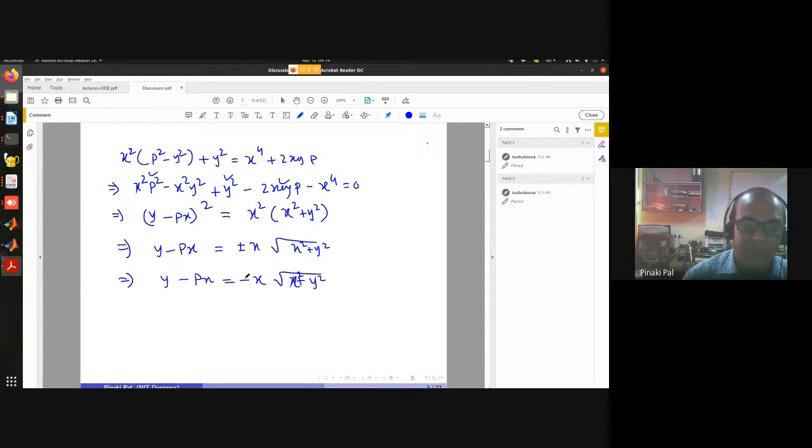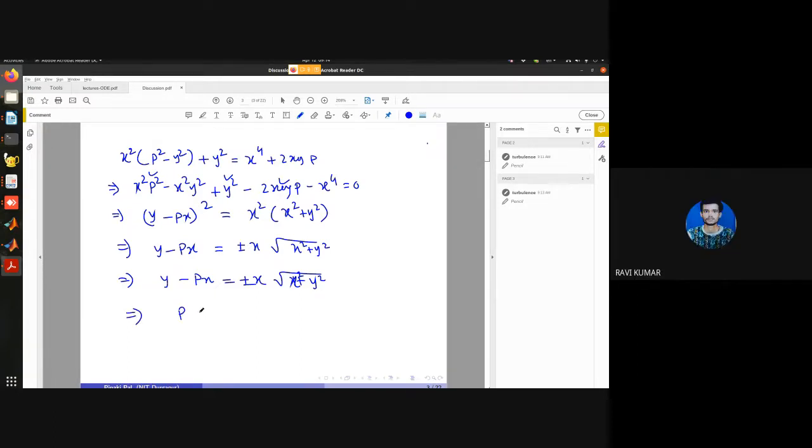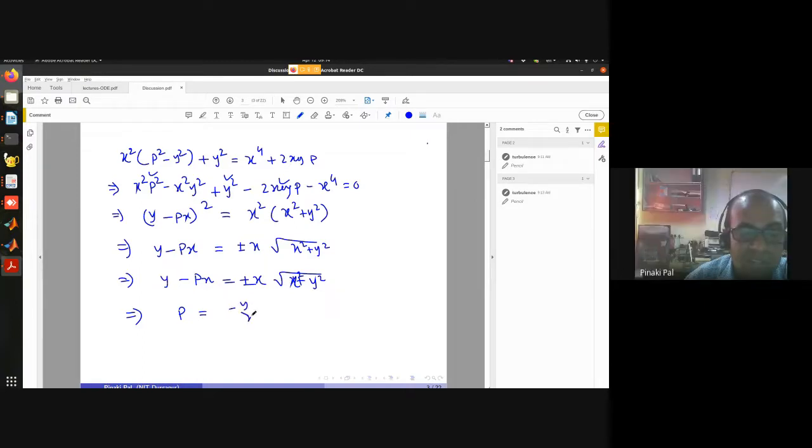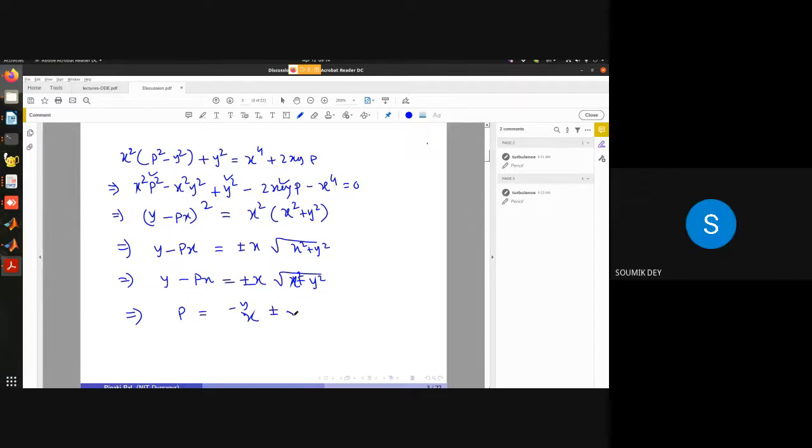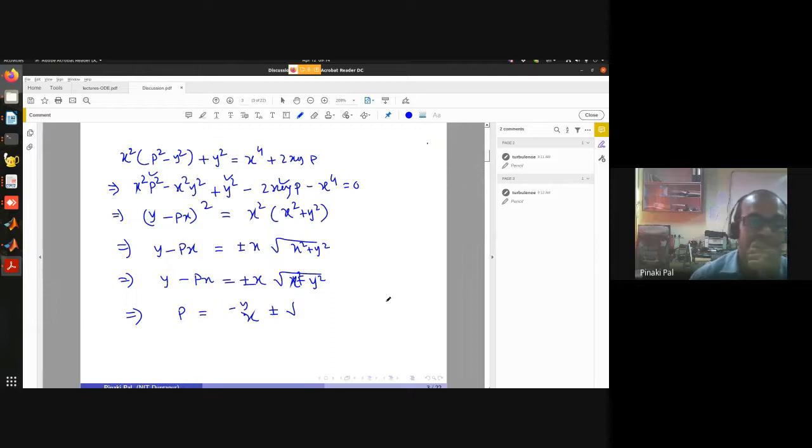Let me do it simultaneously. Okay, so what is your p? p is equal to y by x plus minus under root x square plus y square. Is there any problem?